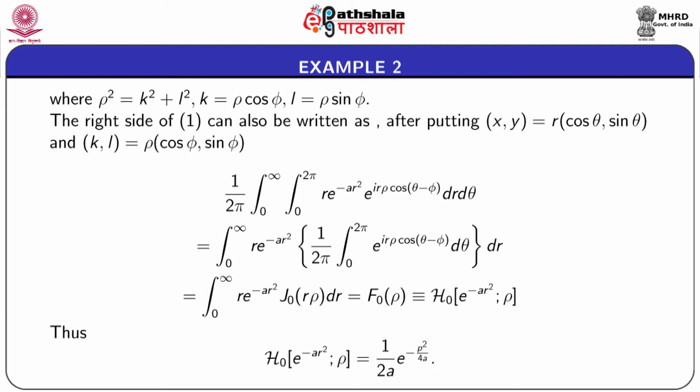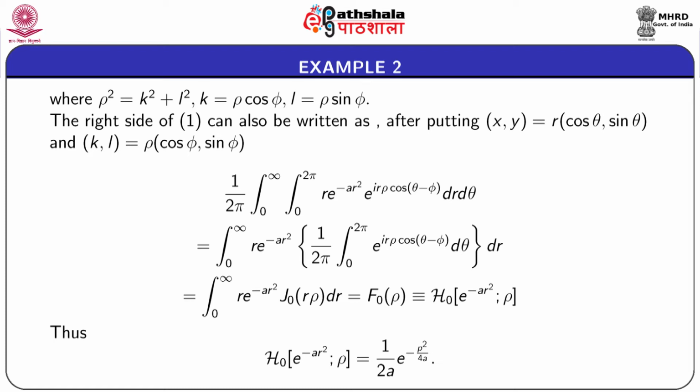And this is written as integral from 0 to infinity r e to the power minus a r square 1 by 2 pi integral from 0 to 2 pi e to the power i r rho cos(theta minus phi) d theta dr. Now, we have learnt in module 1 that the inner integral is J naught(rho r).